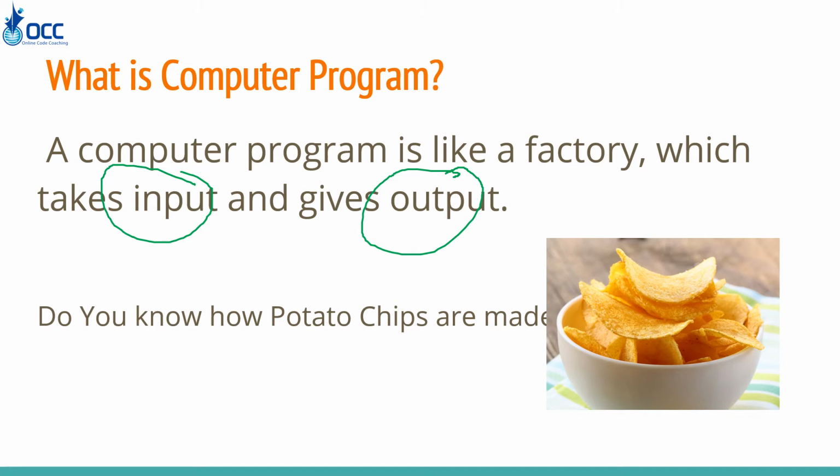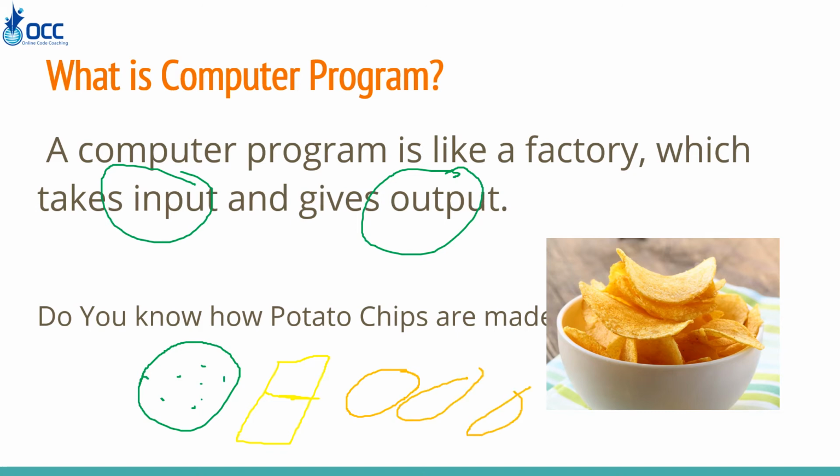Do you know how potato chips are made? You have a potato, I will try making a potato which is green in color, okay, a green potato, and then I will have a potato peeler. It looks something like this. Now what will happen here? You will put the potato in the peeler and then you will get potato chips like this, right?